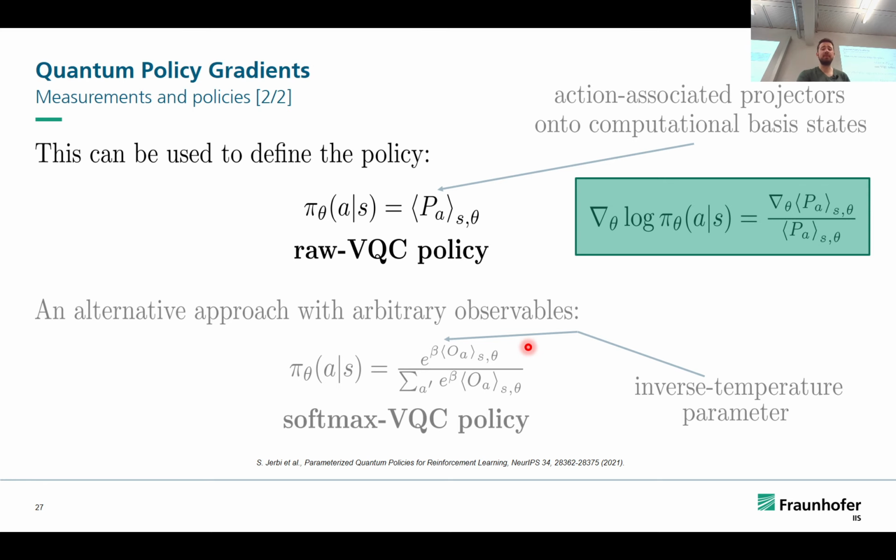This makes things a lot more difficult because you really need to measure the quantum circuits several times to get access to these expectation values. For this example, as we will see in some slides, it's enough to measure the quantum circuit once to decide for an action, and that's a big advantage. So we will stay with this simple definition for today.